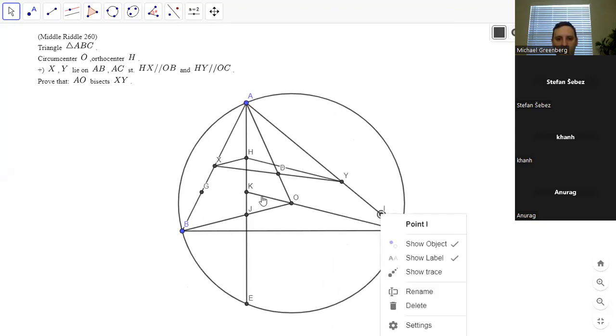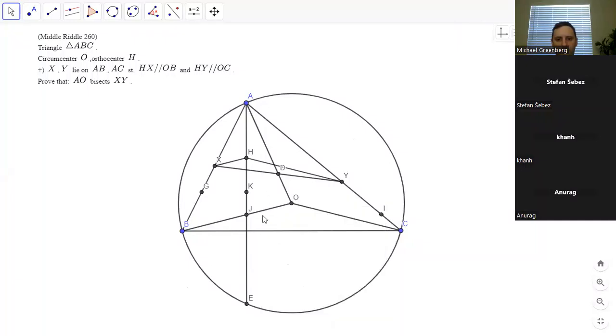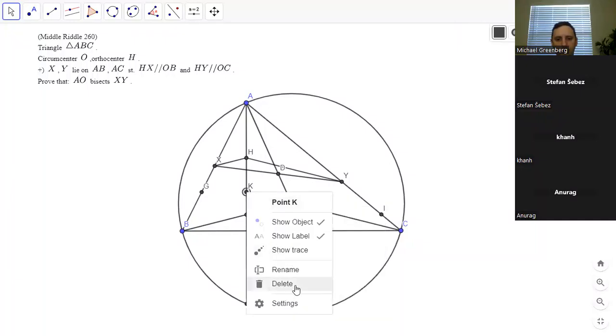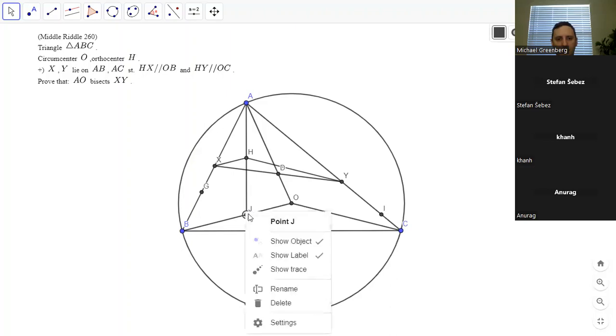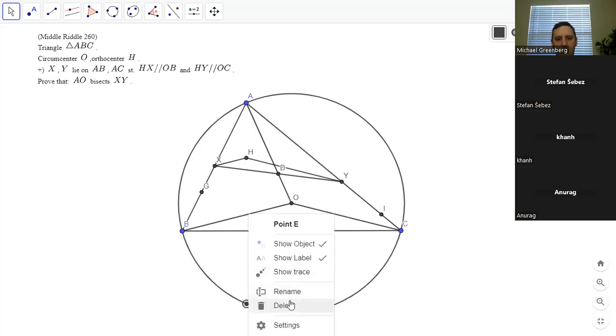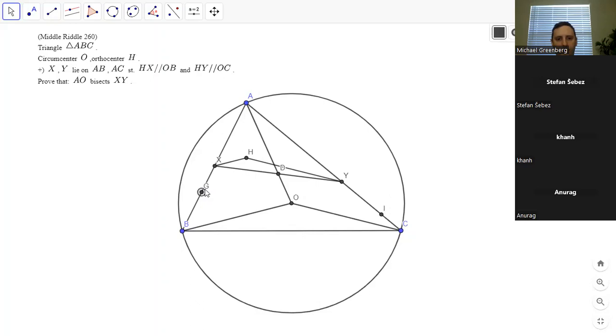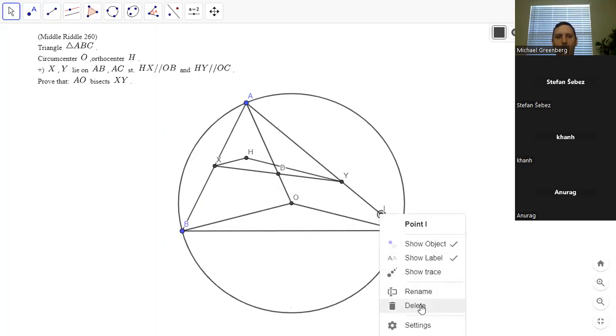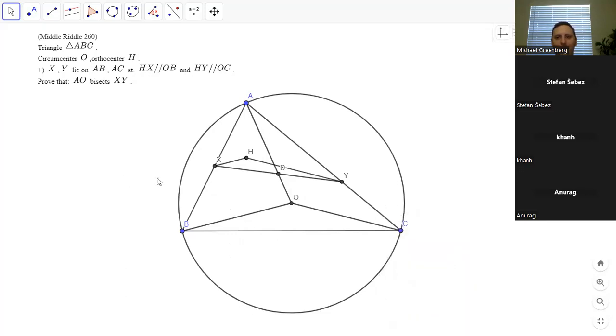I just want to delete this. So yeah, we need very little for that. I like that solution because I like how it uses a lot of theory.